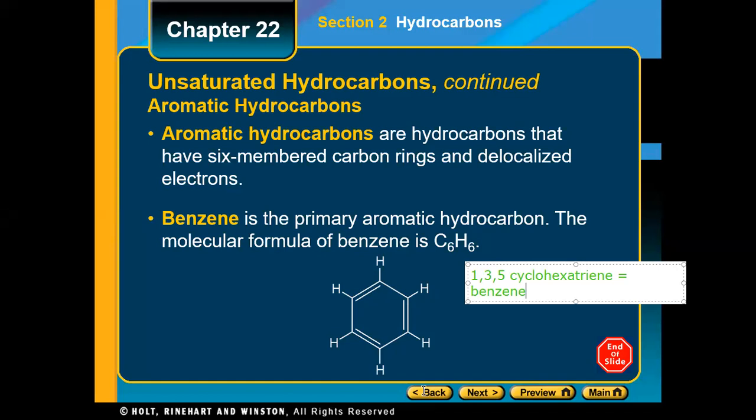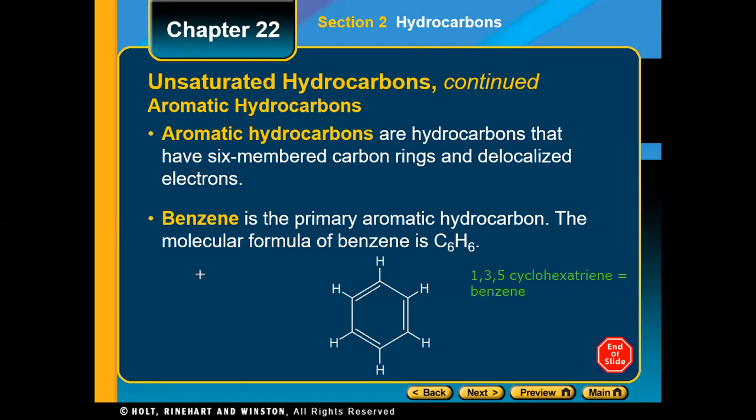Also, let me explain something real quick about this. Sometimes they draw the benzene like a hexagon, you know that? It's a hexagon. I'm sorry if it's not perfect. A hexagon, and then they put a circle in the middle.